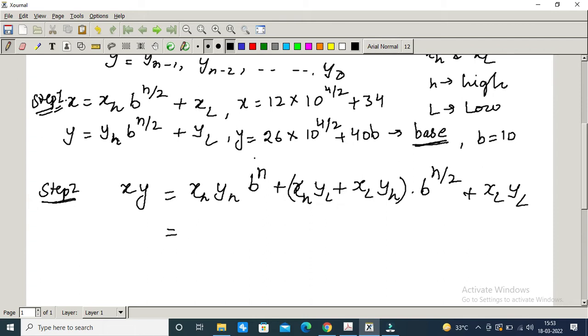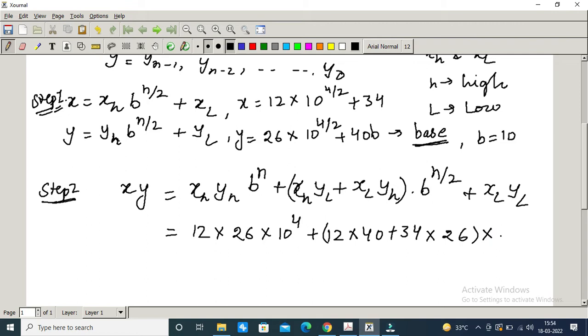What is xh? xh is 12, yh is 26, then b to the power n is 10 raised to power 4, plus xh 12, yl is 40, plus xl, which is 34, and then yh is 26, multiplied by b raised to power n by 2, that means n is 4 and 2, plus xl and yl.